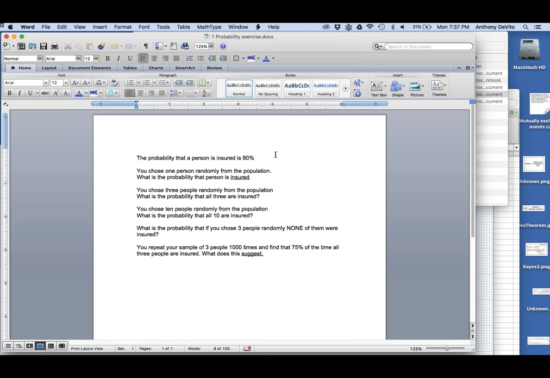Well, first time it was 80%, second time was 80%, third time it's 80%. So we use something called the multiplication rule. 80% times 80% times 80%, or 0.8 times 0.8 times 0.8, is the probability that all 3 people are going to be insured.